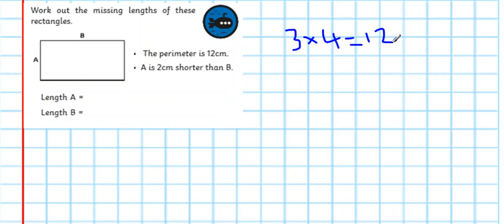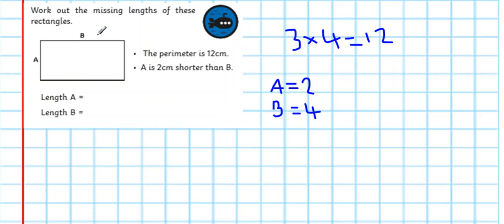Okay, so A is 2 centimetres shorter than B. So if I try A at 2 centimetres and I try B at 4 centimetres, let's see if that works.